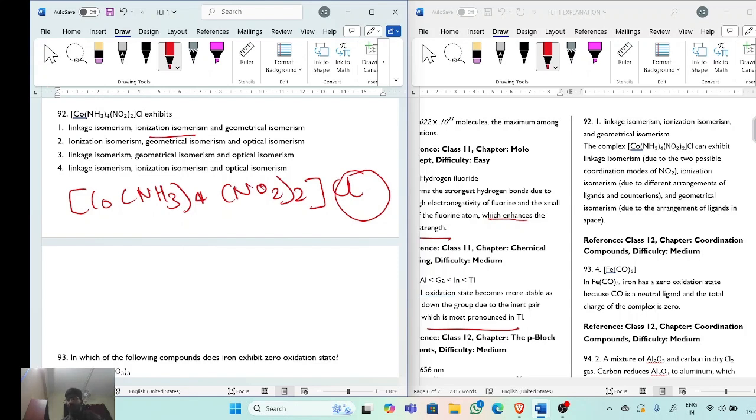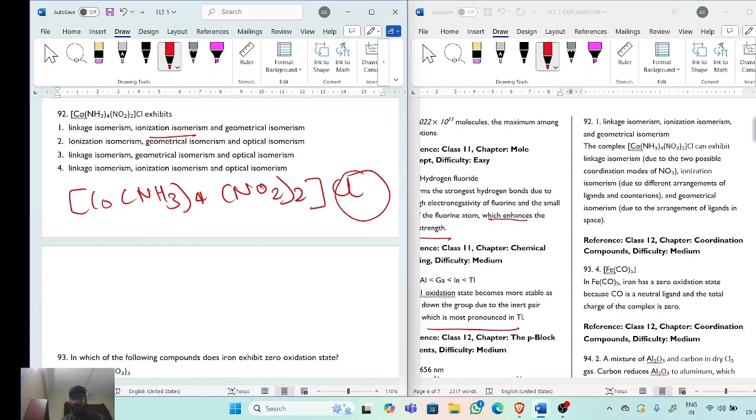Now let's check further. The complex can exhibit linkage isomerism due to the two possible coordination modes of NO2. Ionization isomerism is due to the different arrangement of ligands and counter ions, and geometrical isomerism is due to the arrangement of ligands in space.